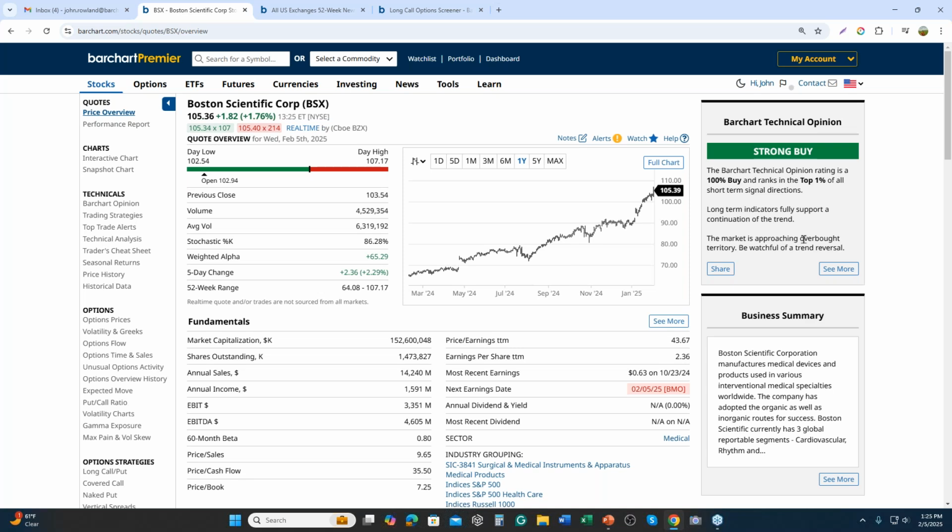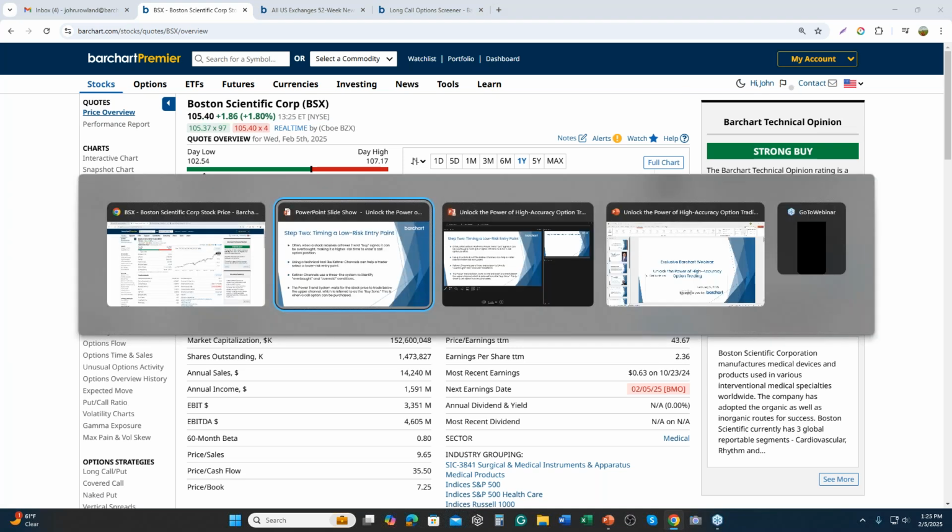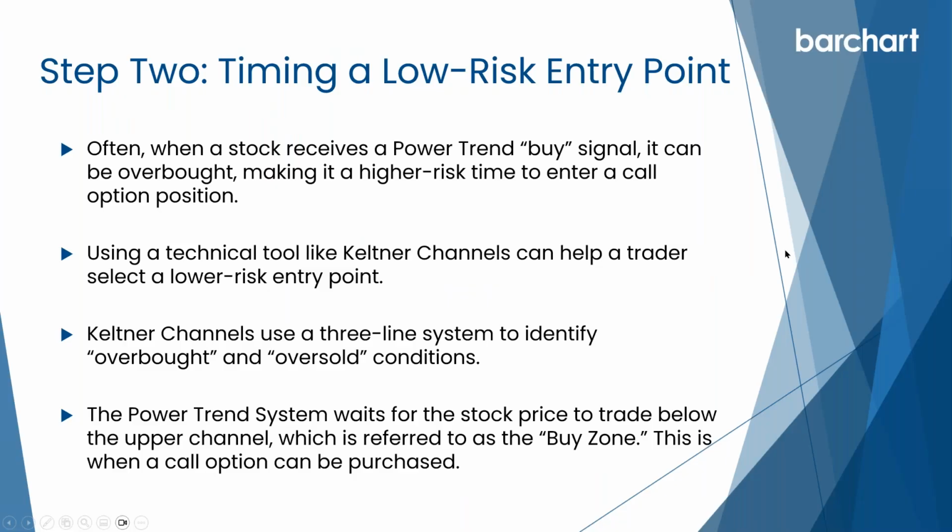So again, looking for that Keltner channel as you had mentioned, right? Yes, and that Barchart technical opinion, that's a great indicator, gives you a quick snapshot of the trend status of the stock. So I love to look at that indicator, find out what the company does, and look at the various time frames there for the uptrend.